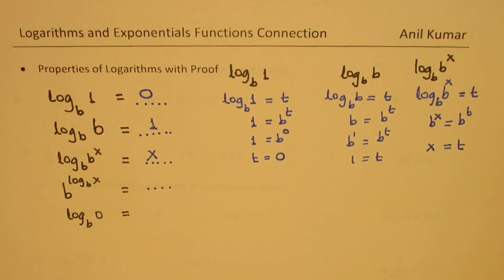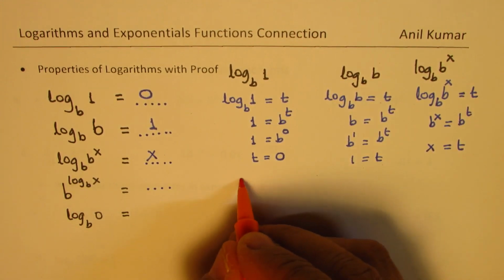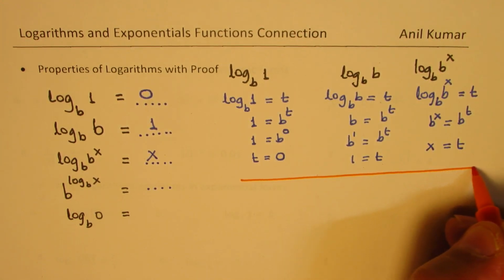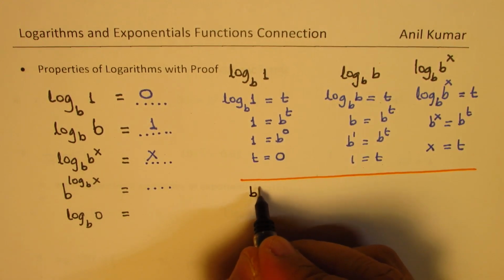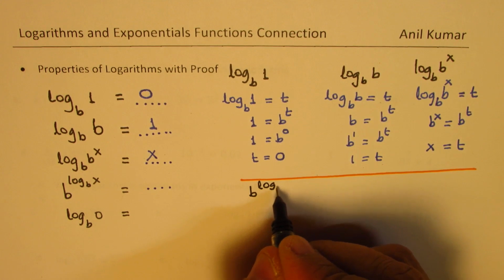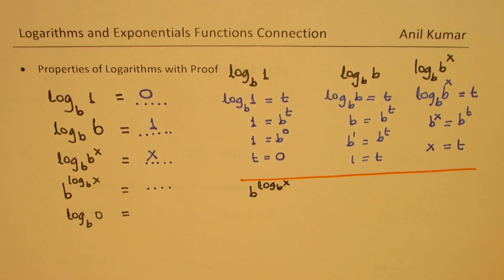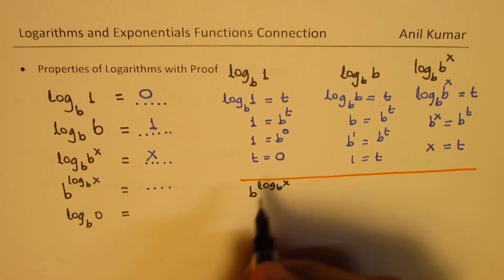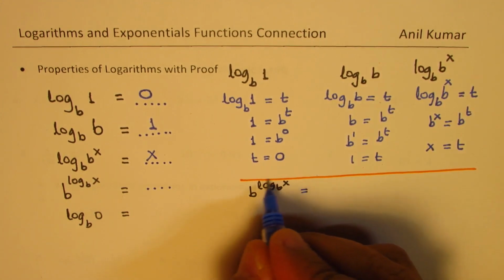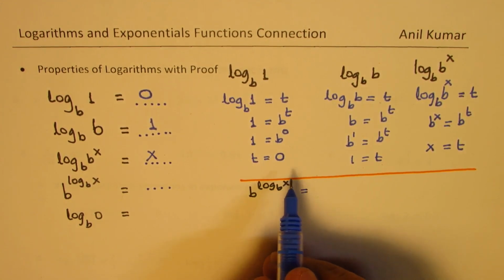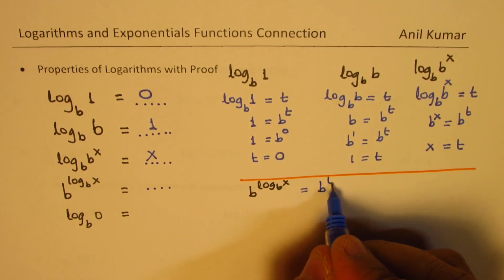Now, let's consider the next two. We've done the first 3. Let us consider this one, which is b to the power of log to the base b of x. Log is in the exponent. Now, we could write log to the base b of x as t, so I'll write this as b to the power of t.